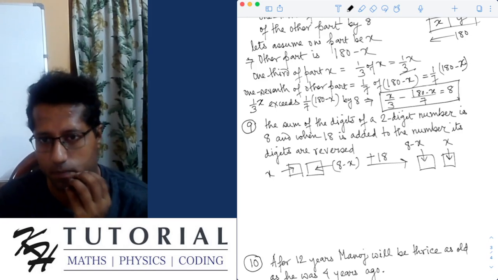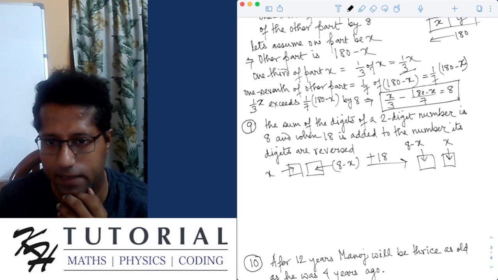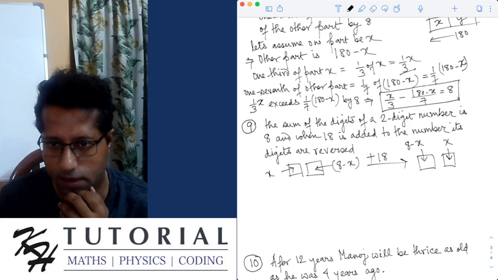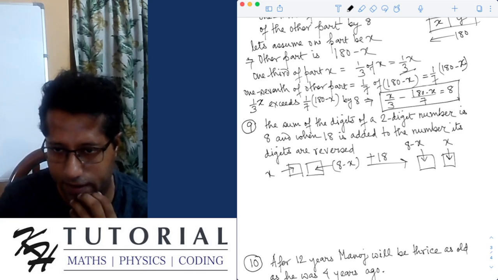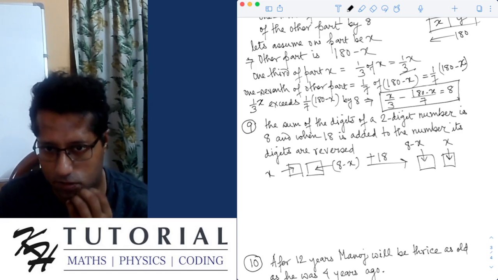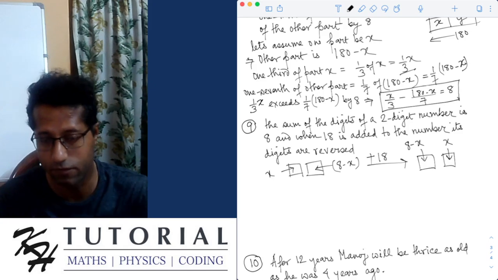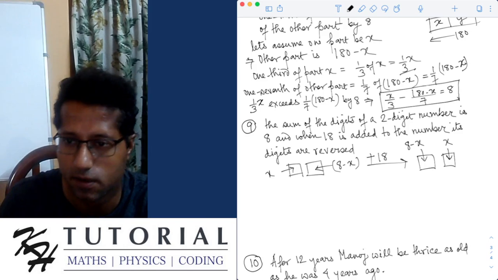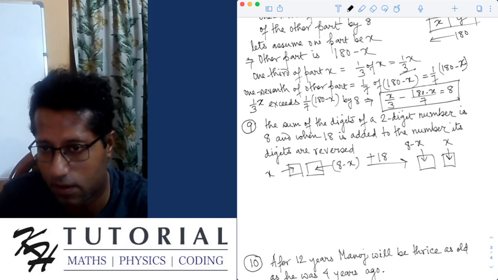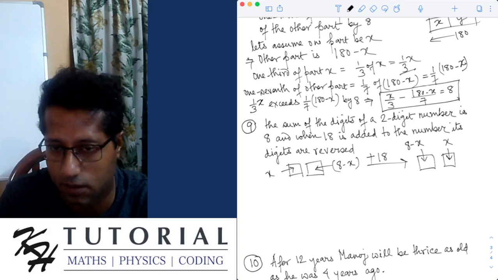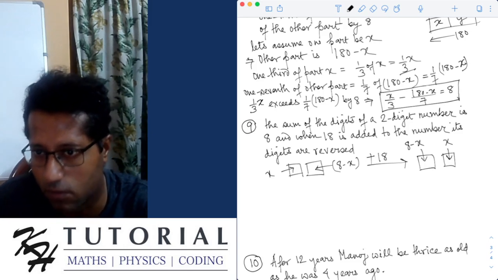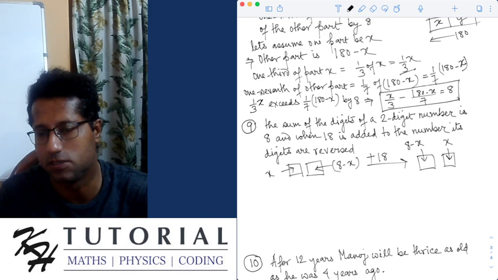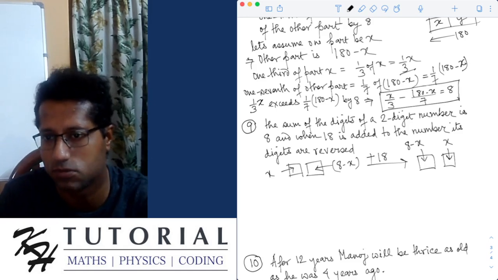Before adding 18, it was x and 8 minus x, and after we add 18, the digits are reversed. So the leftmost digit will become the rightmost digit, and the rightmost digit will become the leftmost. So the number after adding 18 is of the form where the leftmost digit is 8 minus x and the rightmost digit is x.